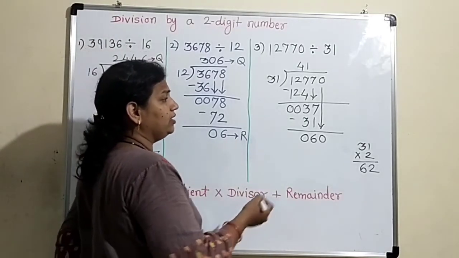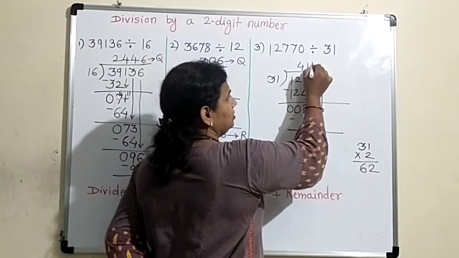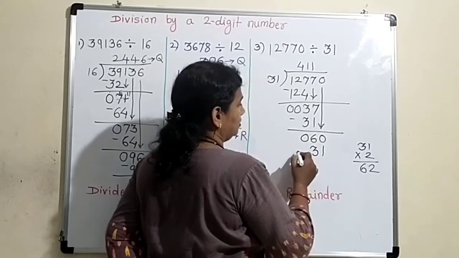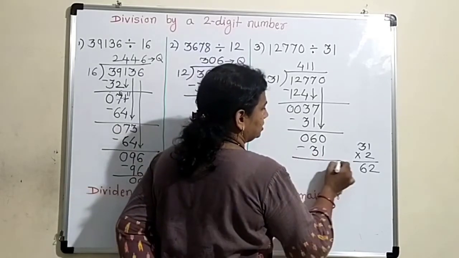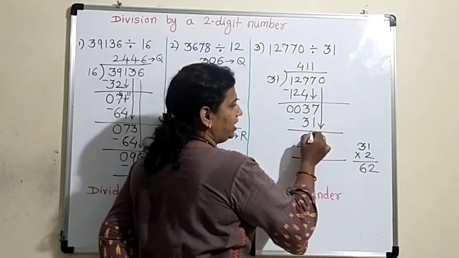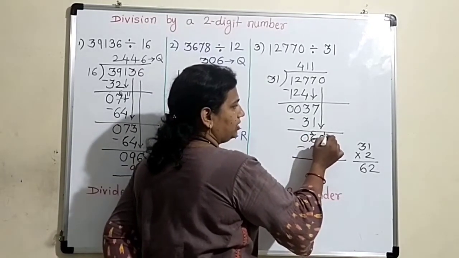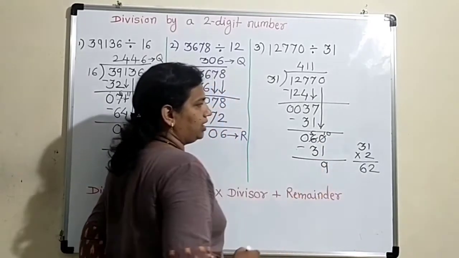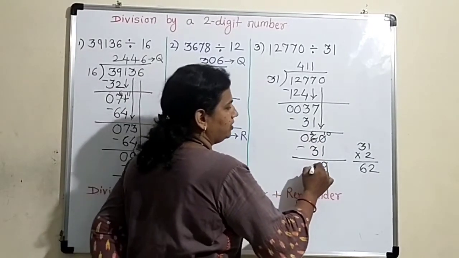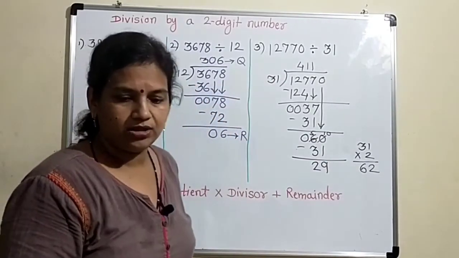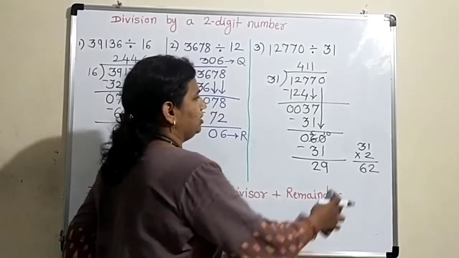So what I have to take? Again 31 1s are. So here, minus, you can borrow from 6, so it will become 5, and here 10. 10 minus 1 will be 9 and 5 minus 3 will be 2. So here I got 29.